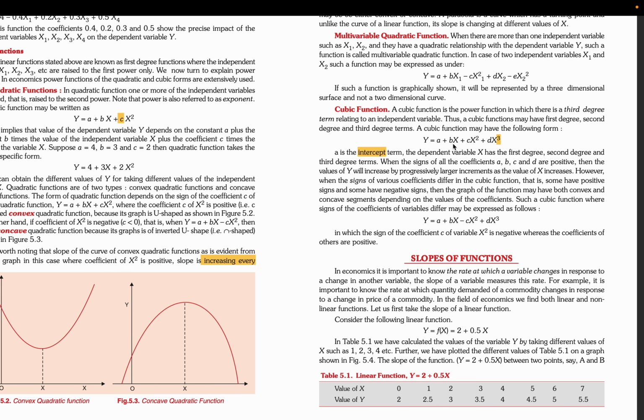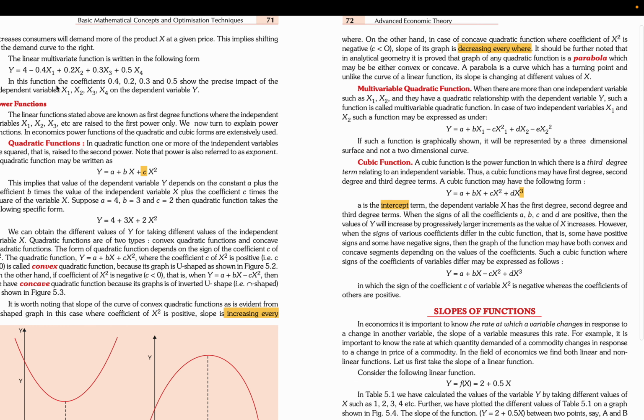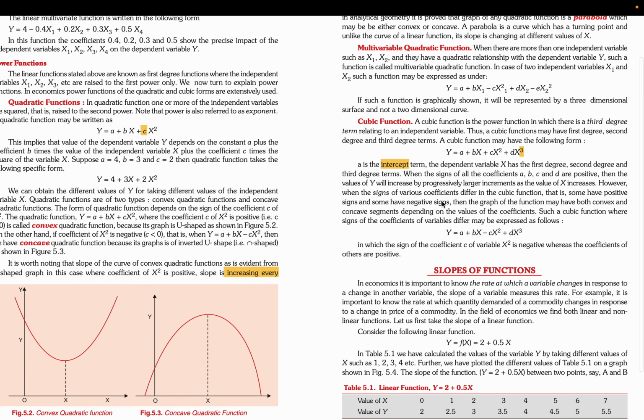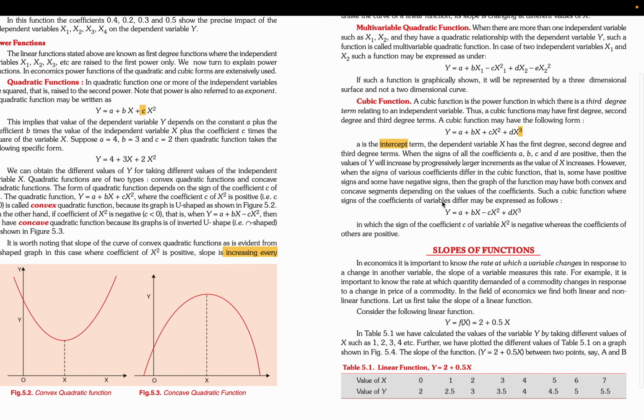So if these are positive, unlike the negative ones that we talked about on the last page, where an increase in that particular independent variable causes a decrease in the dependent variable, in this case the independent variable terms have a positive sign, and so they're going to increase the dependent variable as well.